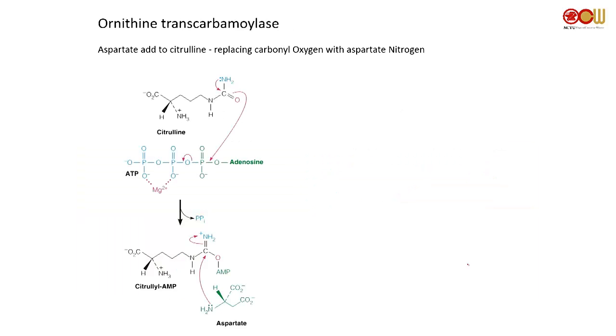Okay, now ornithine transcarbamylase, essentially just like I said, what you're doing is you are going to transfer. You're going to first activate citrulline. You activate it into an AMP, such that when you add aspartate onto this carbon, you can kick out AMP, right?